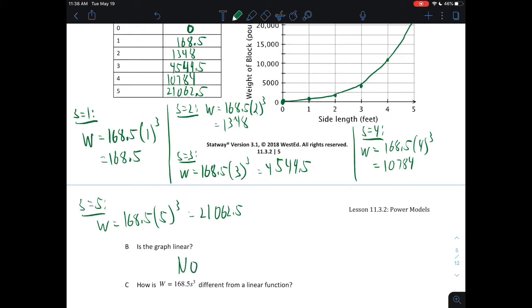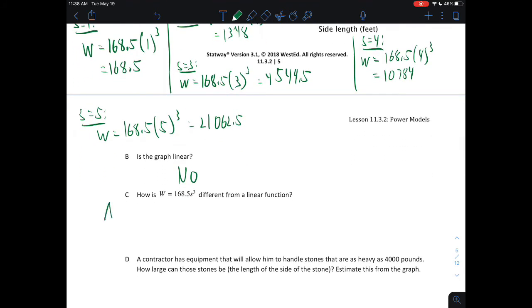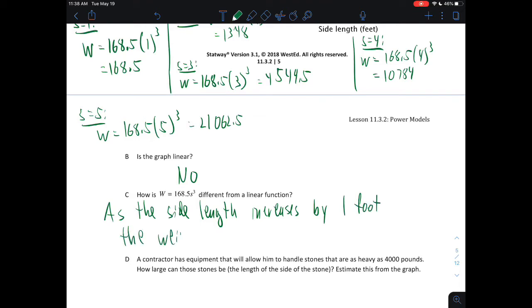For part B on the next page: How is W equal to 168.5 s cubed different from a linear function? Well, again, as the side length increases by 1 foot, the weight does not increase by a constant amount.